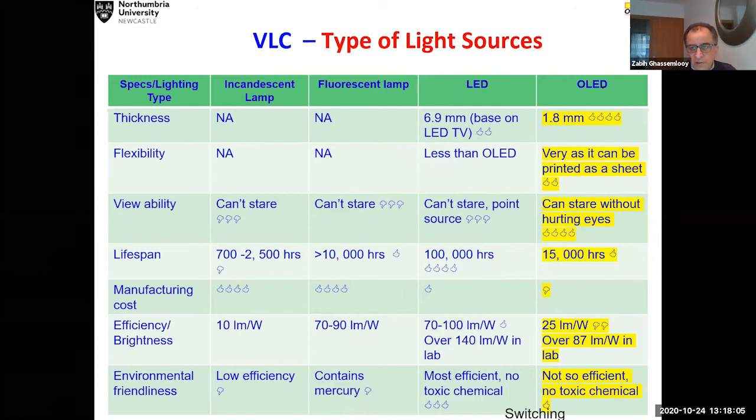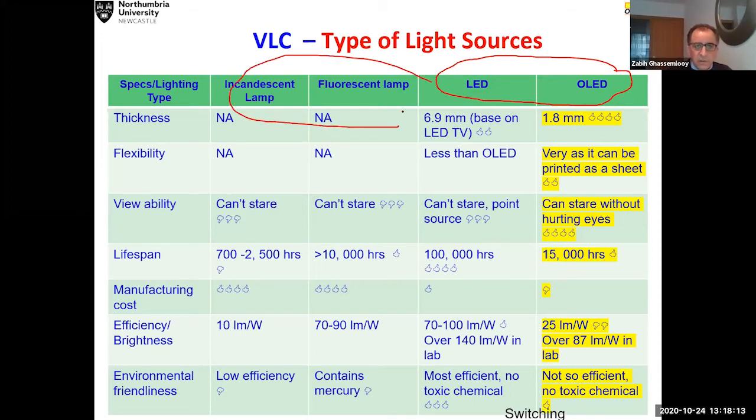So if you take these two, which are different light sources, these are semiconductor light sources, and compare these two, the main difference is this switching here. In other words, for the first time in our lighting history, we have a light source that we are able to switch at very high frequency.